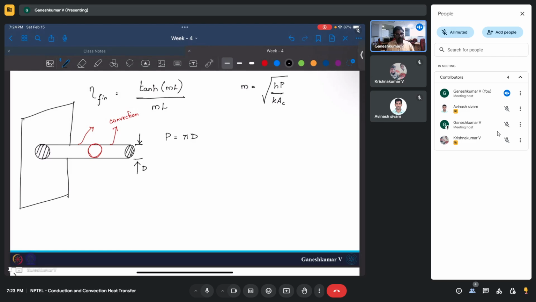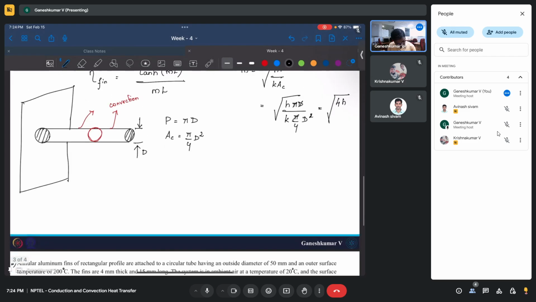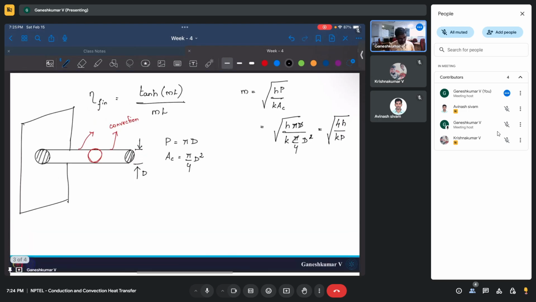So perimeter is going to be pi times d, and area of cross section, we already know it's a pin fin or circular pin fin, so it's going to be area of the circle, which is pi by 4 d squared. So you can substitute them here, h pi d by k into pi by 4 d squared. So you can make this simplification, which comes out to be 4h by kd.